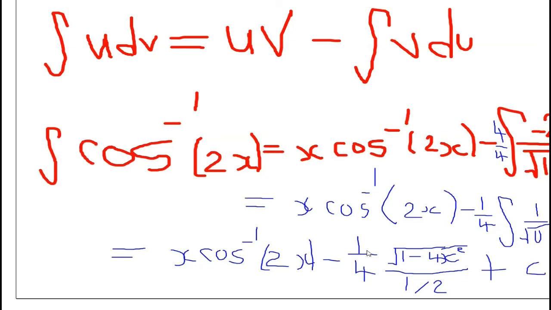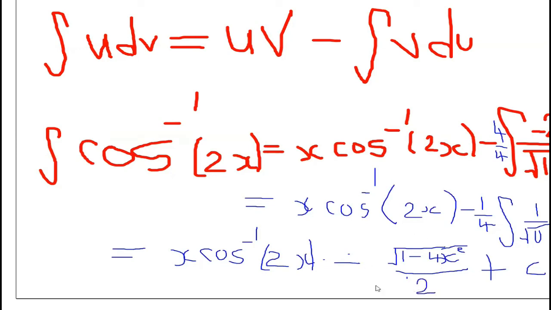Now 1 over 4 times 1 divided by 1 over 2 works out to be just a half. A quarter times 2 is just a half. So all of that part is going to work out to be minus all of this over 2.